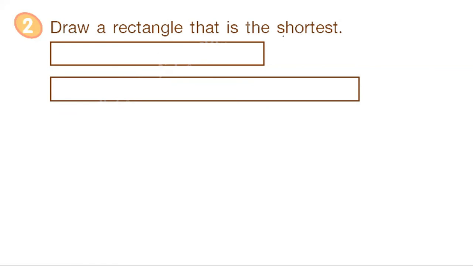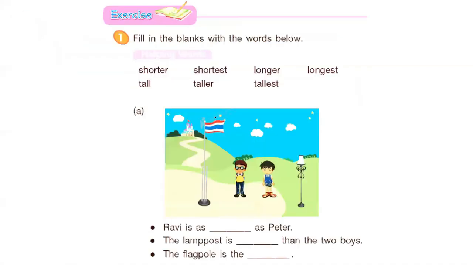So we are going to make sure that the rectangle that we draw is very, very short compared to this one and this one. Okay, look at that. So this one is the shortest. Okay, all right. Now we are going to do the exercise.